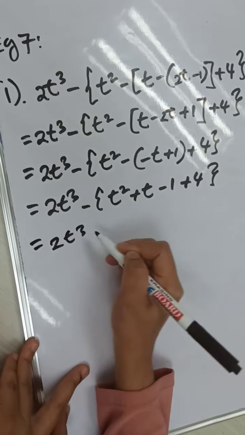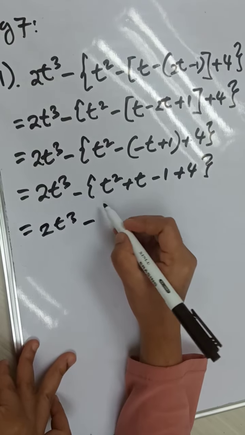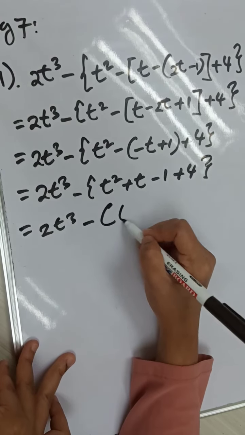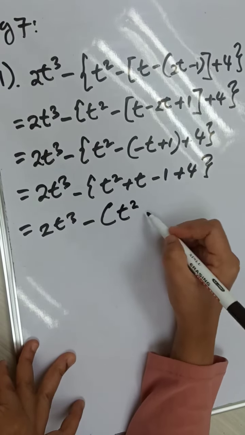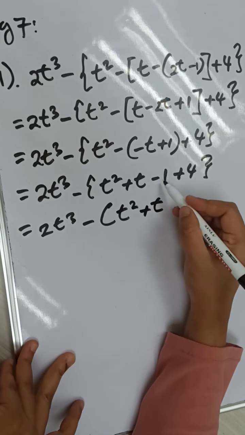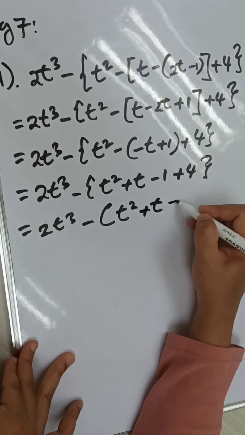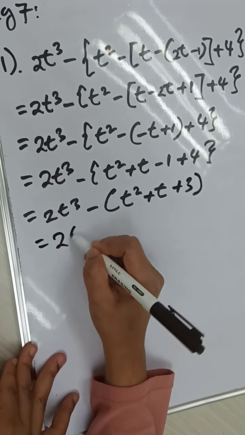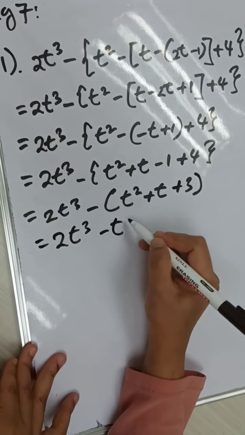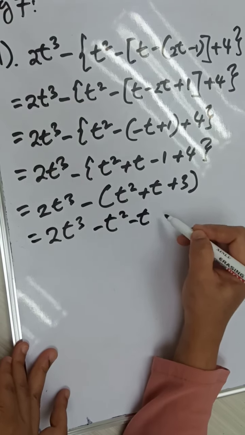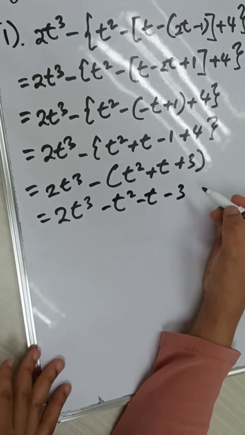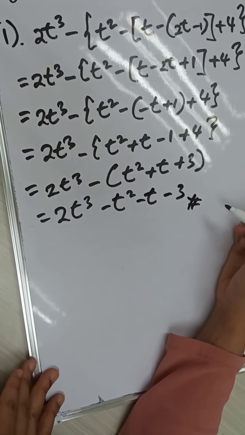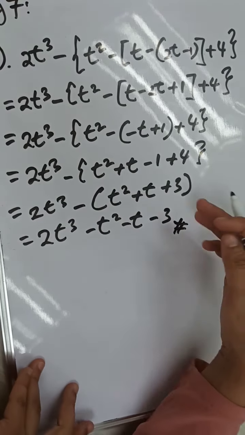We get t square plus t, negative 1 plus 4, we get 3. Expand, negative t square minus t minus 3. So this is the solution. So you have to solve one by one.